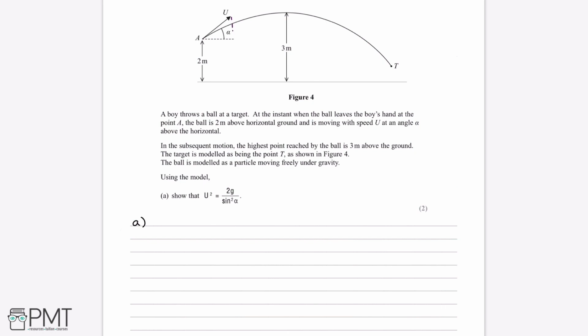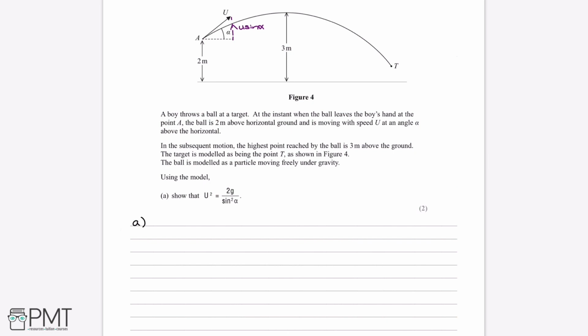If we first resolve vertically upwards, we have this right angled triangle, where this is the opposite of this angle, and this is the hypotenuse. Opposite and hypotenuse means we need to use sine, so this vertical component is equal to u sine alpha, because sine alpha is equal to opposite over u, so we times both sides by u.